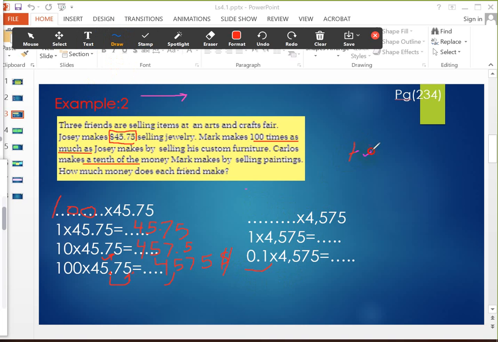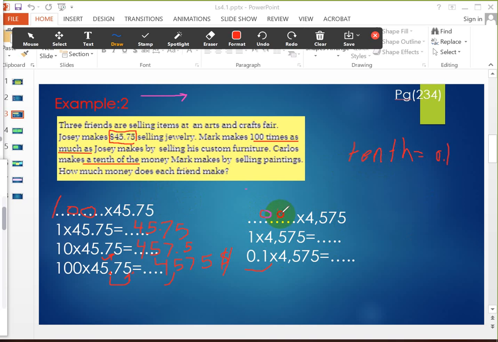When I say only tenth without any number, that means I have 0.1. When I say hundredth without any number, that means 0.01. Okay? So when I say he makes a tenth of, that means I have to multiply this amount of money by 0.1.